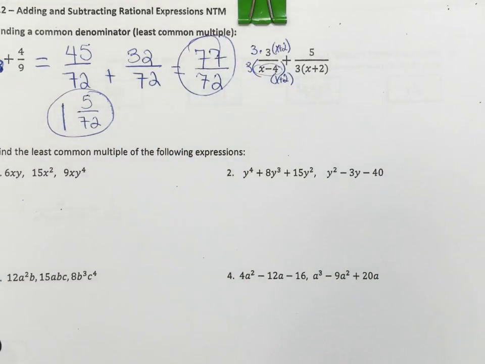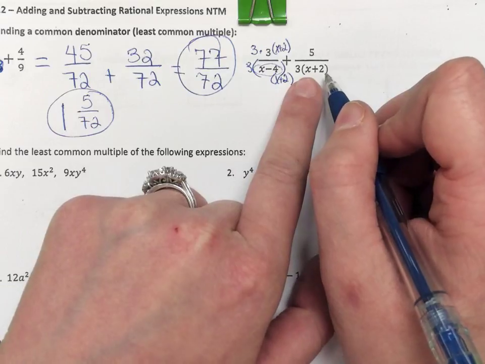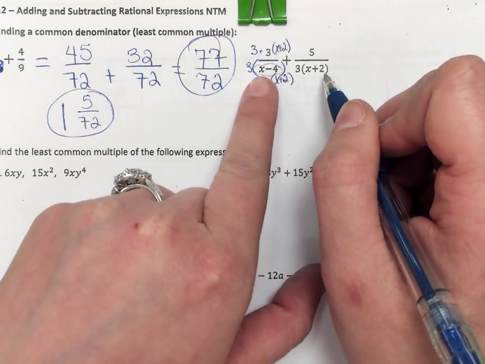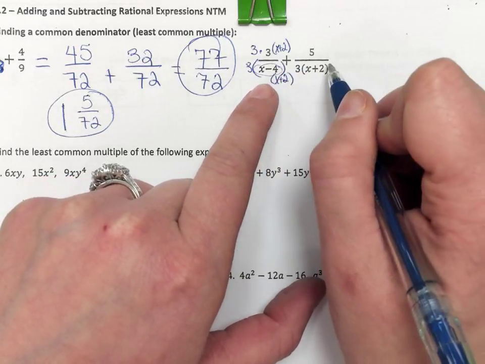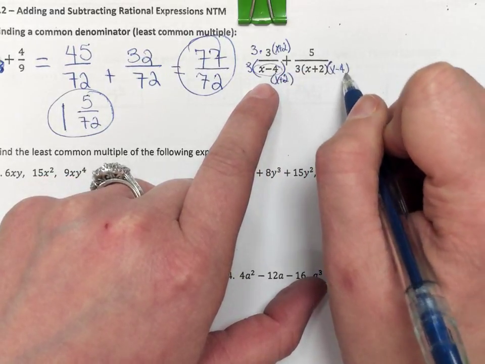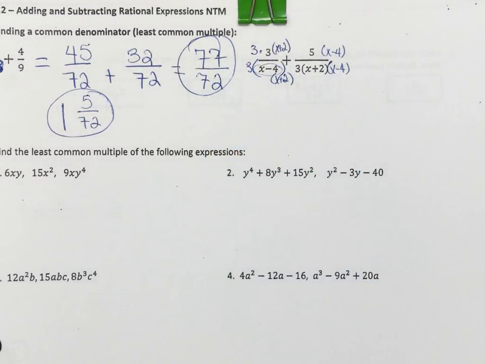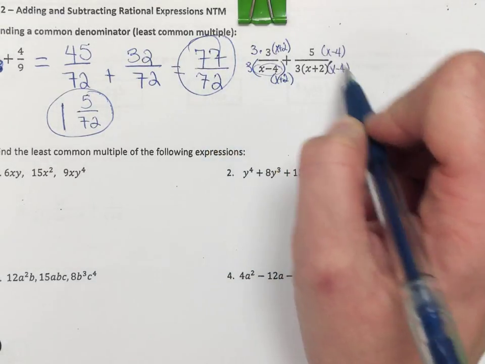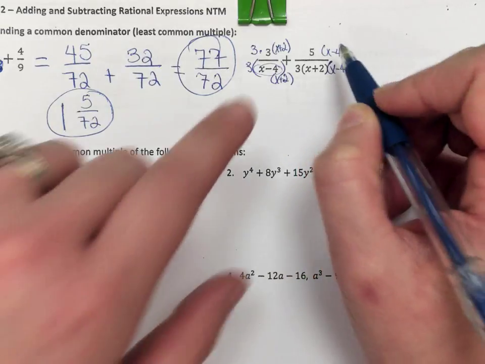It's the same exact thing we did before, but now you have to do it with expressions. All right, look at this last fraction, 3x plus 2. What is he missing that the other fraction has? So the other fraction has a 3. It has an x plus 2 and x minus 4. Very good. Now, don't cancel them, but if you were to cancel those out, you would get the same thing you started with, okay? So if you want to kind of check yourself, you can do that. So here we go.